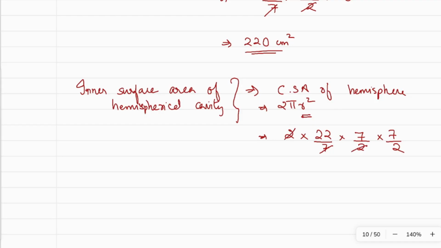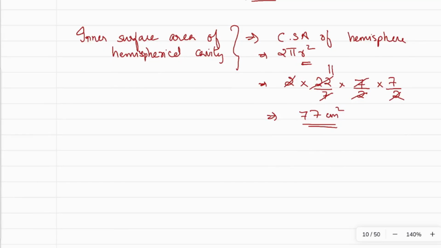This 2 and this 2 will get cancelled, this 7 and this 7 will get cancelled, and this 2 and this 22 will get cancelled, and we will get 11. So the value is 77 centimeter square.